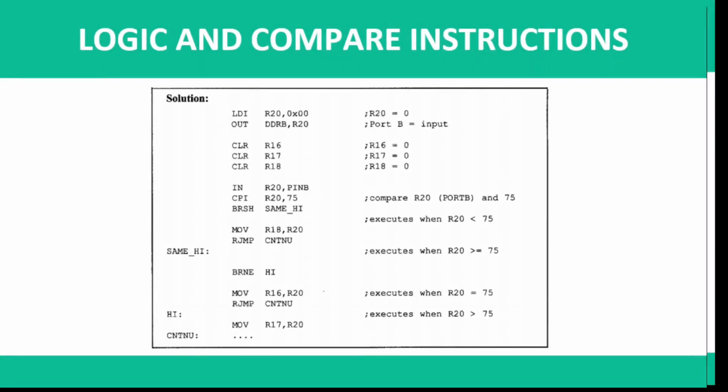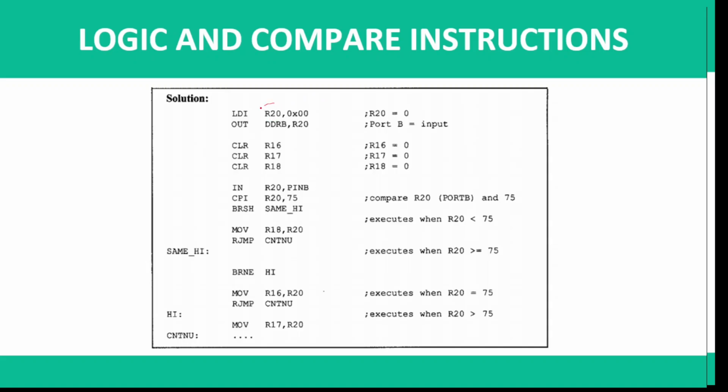So we have here the solution for that code. So first, we need to set the DDRB equal to 0 in order for it to become an input. So how should we do that? We can do that by putting 0x00 or the value of 0 into some register, and we use R20 to have that register.